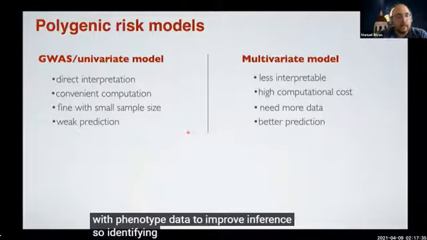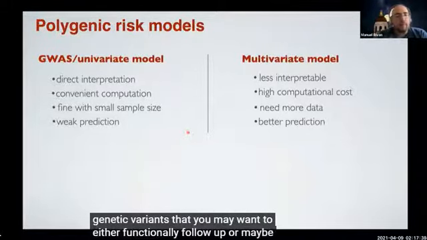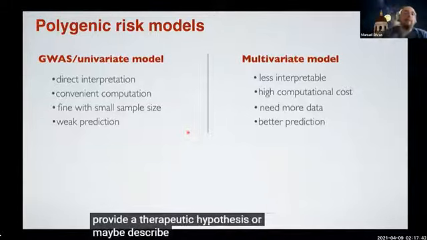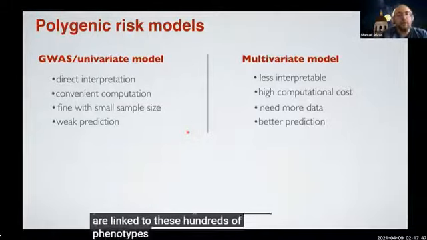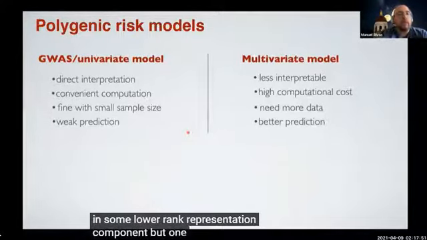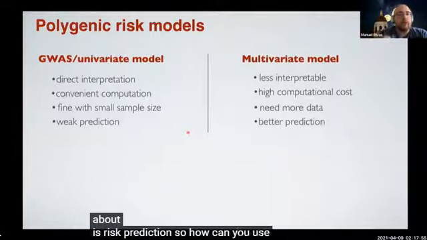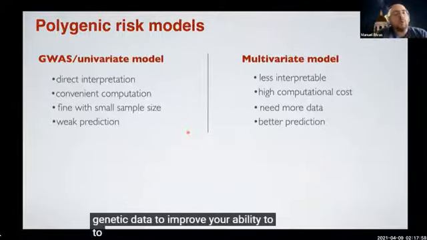So identifying genetic variants that you may want to either functionally follow up or maybe provide a therapeutic hypothesis, or maybe describe, this set of genetic variants are linked to these hundreds of phenotypes together in some lower rank representation component. But one of the other activities that we're quite excited about is risk prediction. So how can you use genetic data to improve your ability to predict disease risk?